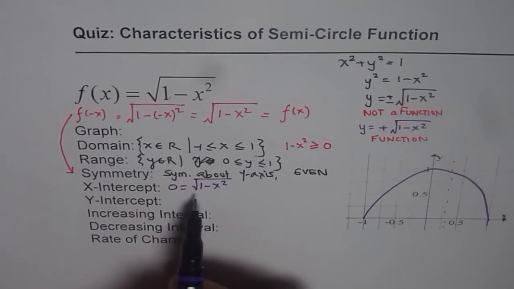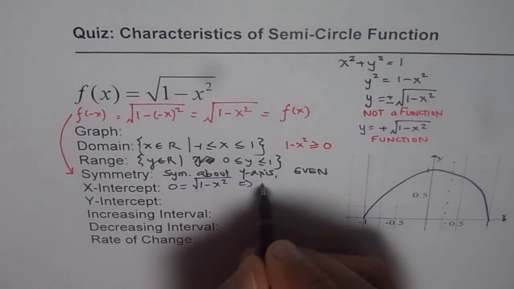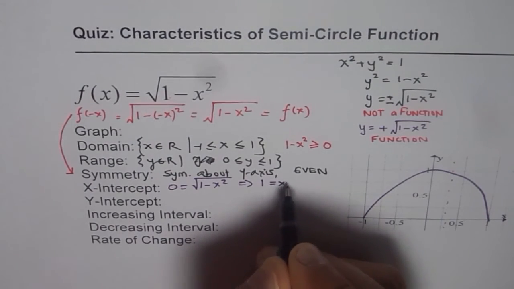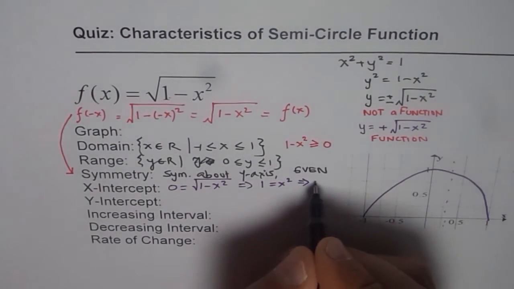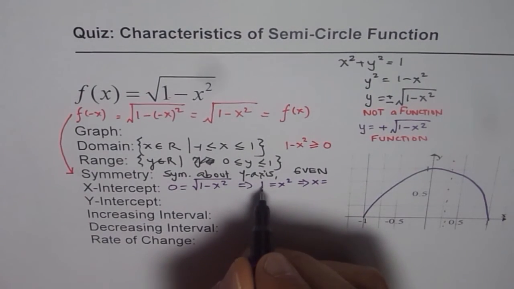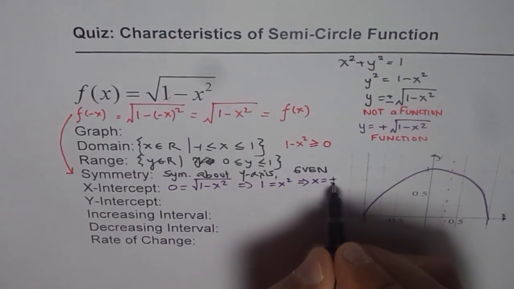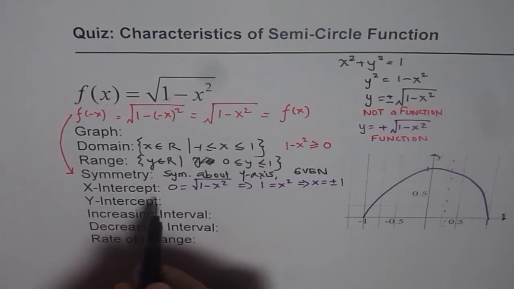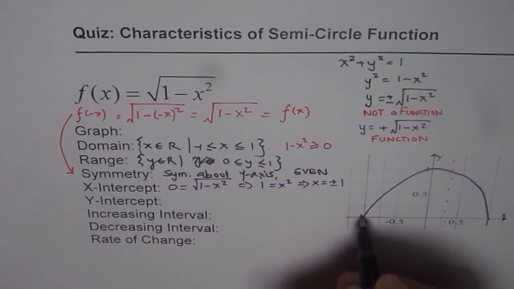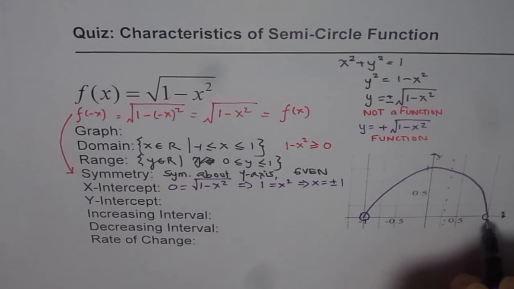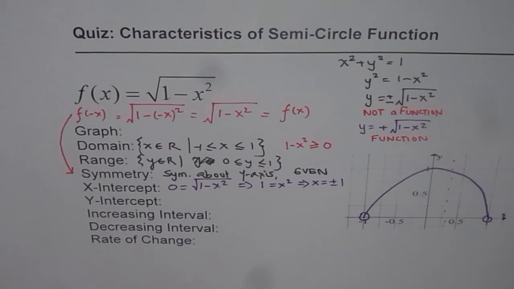Now, if you square it, you get 1 equals x square. That means x equals plus minus 1. So the x-intercepts are for x equals plus minus 1. So these are your x-intercepts, correct? So that is how you can get x-intercepts algebraically.